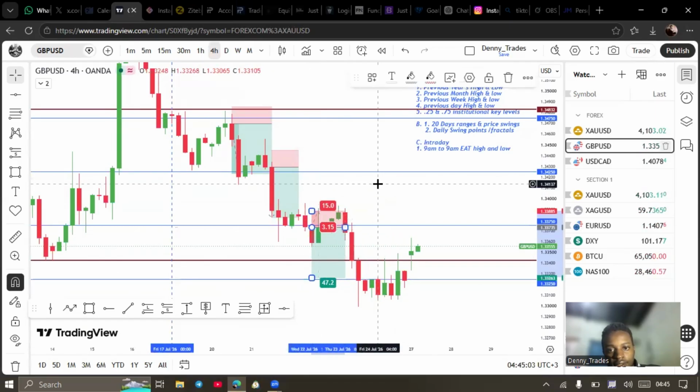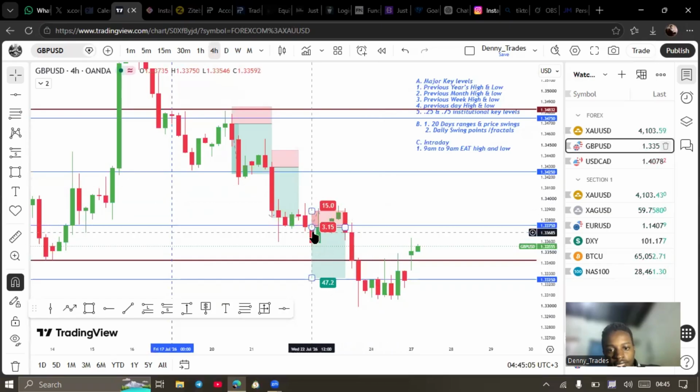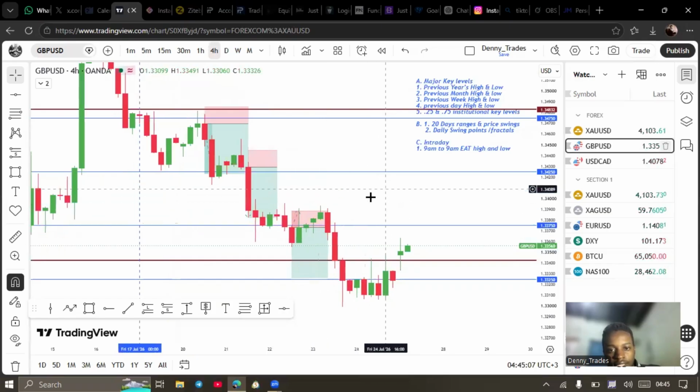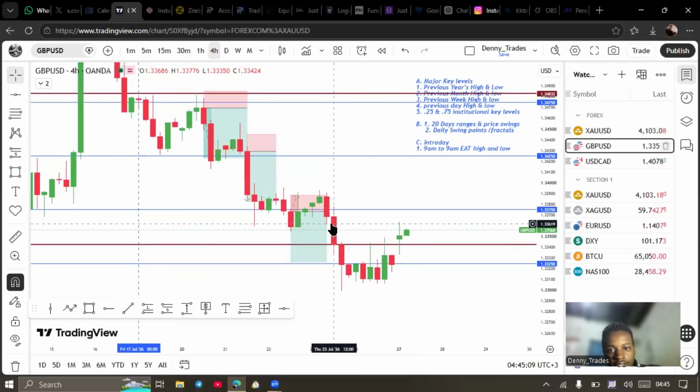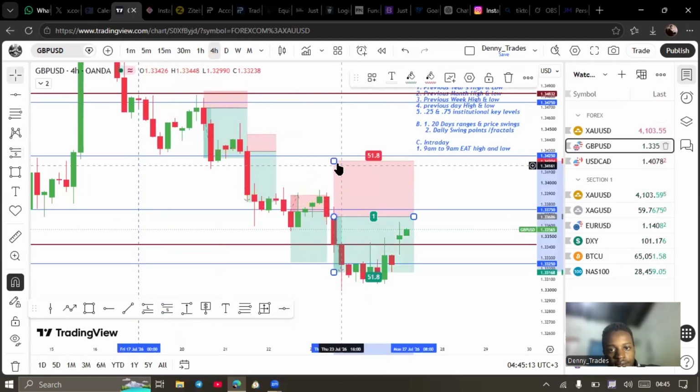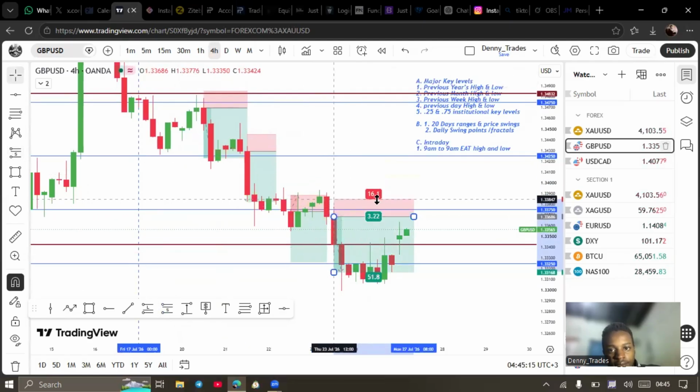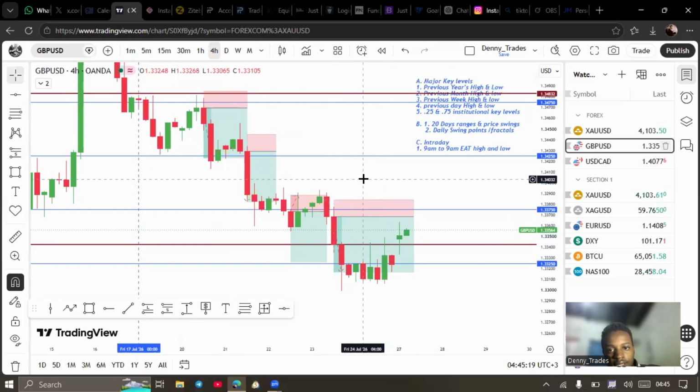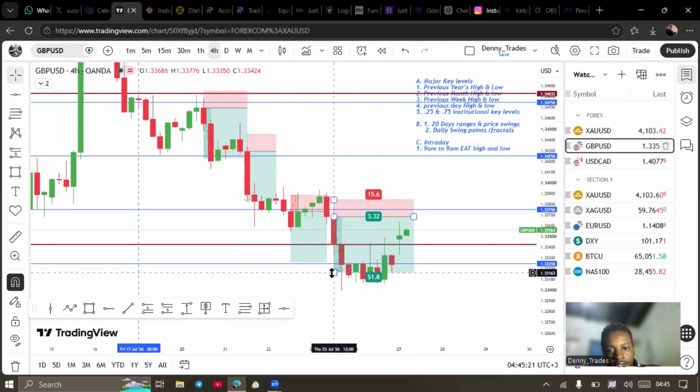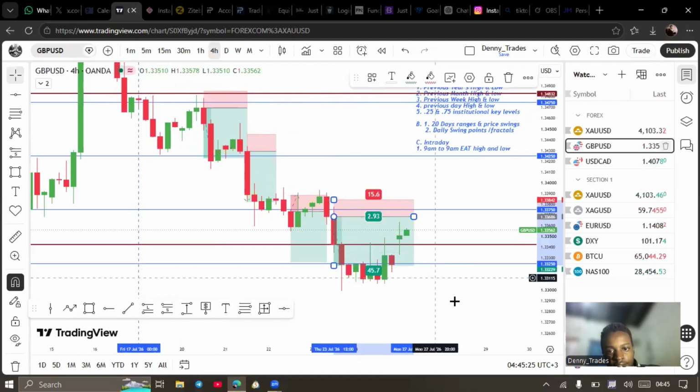On that day, which was Wednesday, you will have taken a loss, but on Thursday at 12 p.m. East African time, you will have taken a win. Remember, you're looking for entries around that 4-hour open, and targeting about 45 pips.